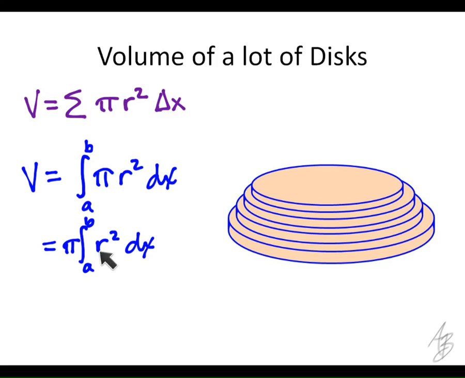Using x's, right? So in some way we're going to use that function. When we're revolving around the x-axis or the y-axis, it's going to be really easy. When we start revolving around an axis like x equals 3 or x equals 2, we're going to have to do a little bit of figuring to figure out what that radius is. And we'll do an example like that here in a second.